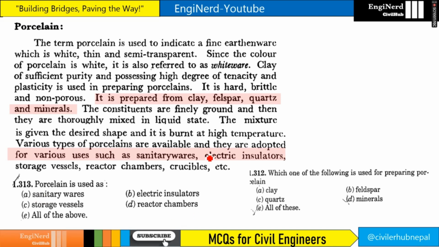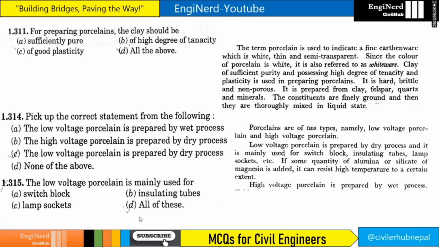If you see here, for various uses such as sanitary wares, electrical insulators, storage vessels, reactor chambers, crucibles, our answer will be all of the above, right? And here, which of the following is used for preparing porcelain is all of these, right? Sometimes you will find the question without the option E, all of the above. In that case, if the option E is not given, tick reactor chambers.